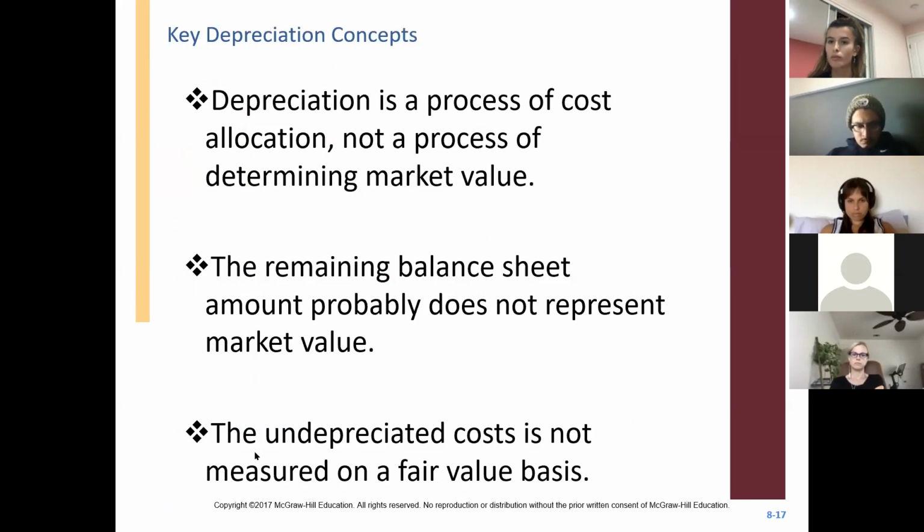The undepreciated cost is not measured on a fair value basis. This will be real important in about 3 chapters. The key thing is the net book value of an asset, meaning the original cost of the asset minus the accumulated depreciation at that point in time, has nothing to do with market value.